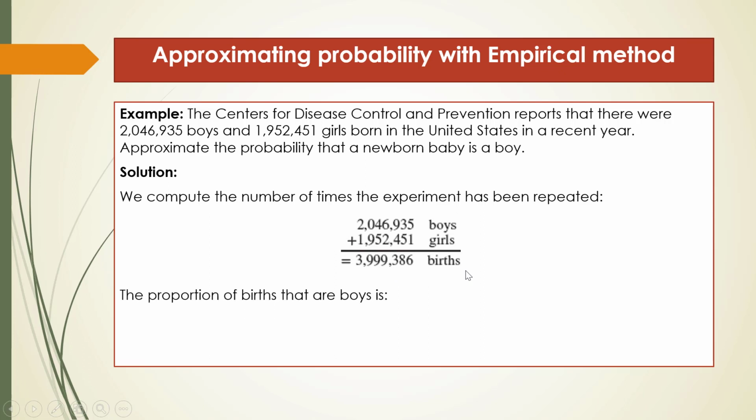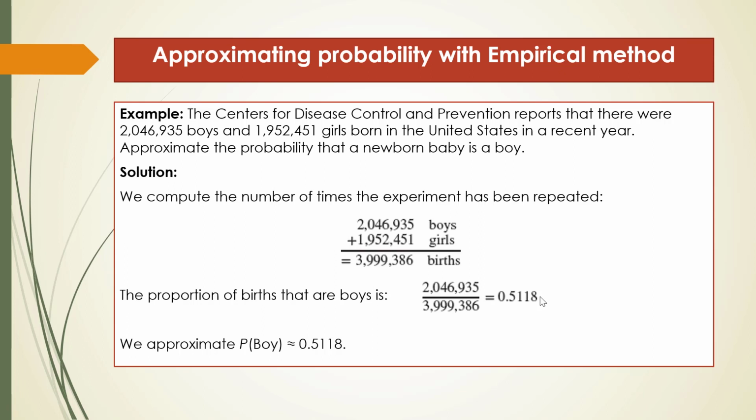So the proportion of births that are boys is 2,046,935 divided by 3,999,386, and the proportion is about 0.5118. So the probability of a boy is around 0.5118.